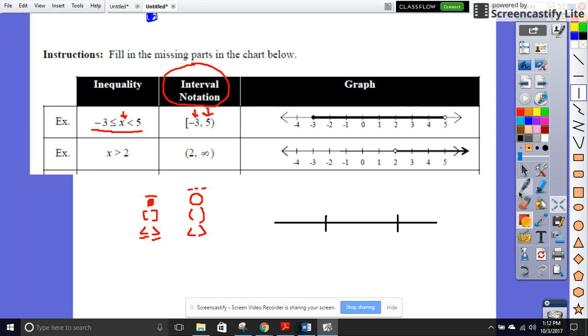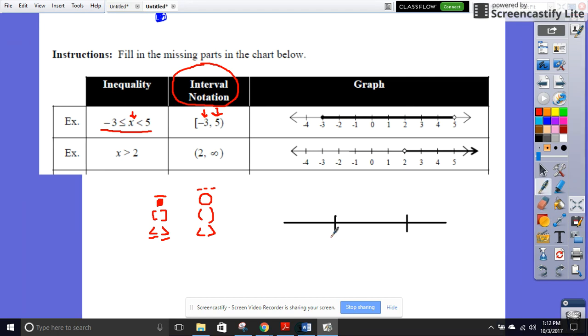Go back and get my pen. Let's make this a 4 and make this a 6. Okay. Let's do open, open, and all of this in here is shaded.